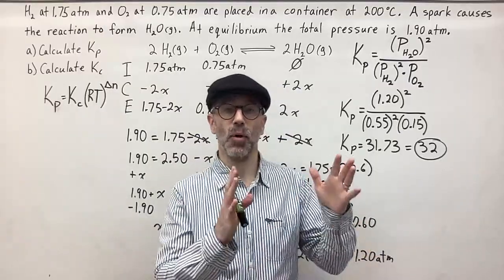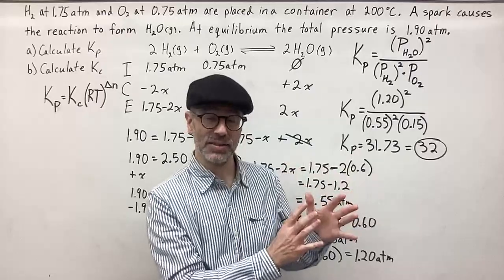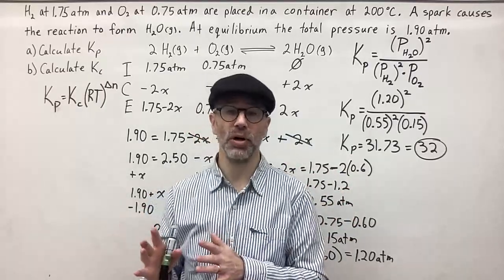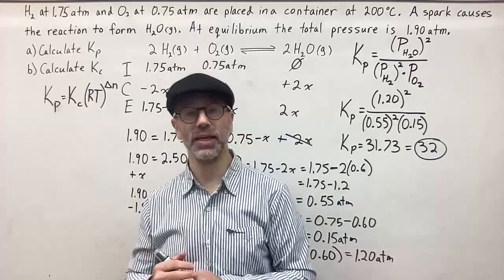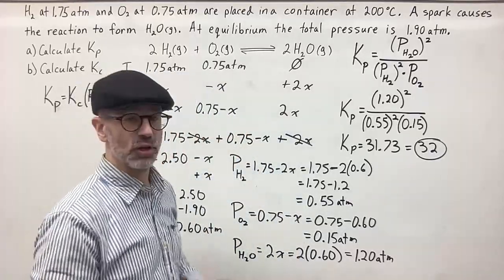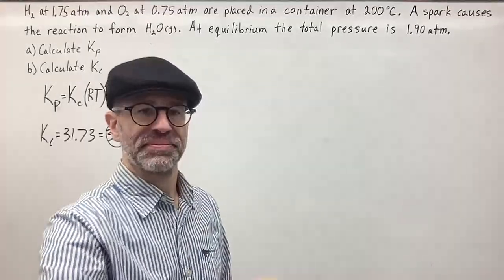So it's the total number of moles of your products in the gas phase minus the total number of moles of your reactants in the gas phase. They have to be in the gas phase. Okay, so let me erase the board and I'll be right back to do part B.